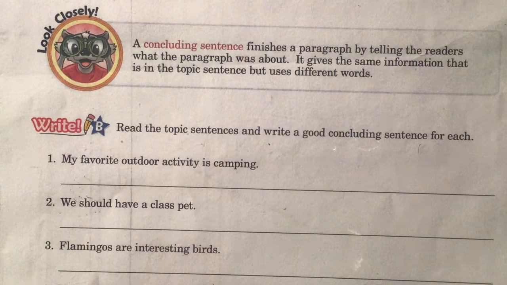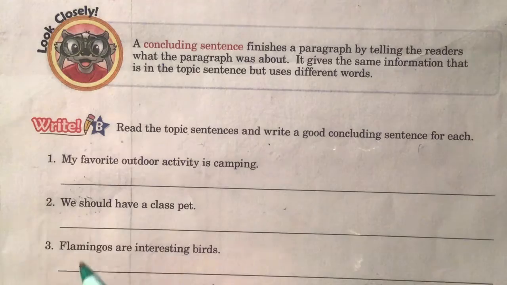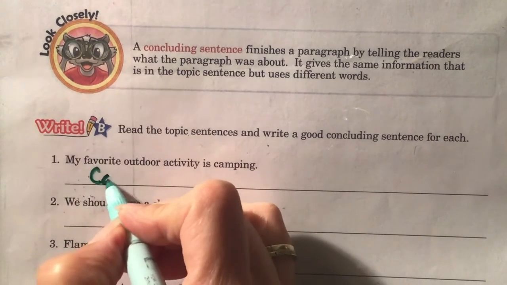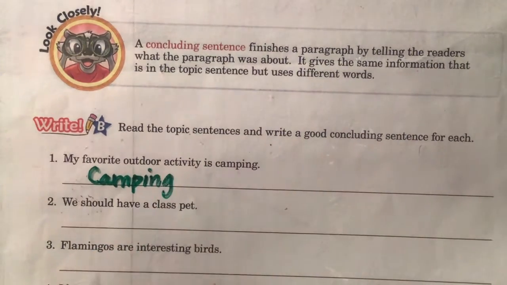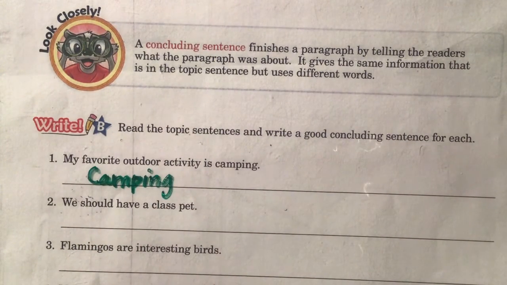So for number 1, it says, my favorite outdoor activity is camping. So let's start our concluding sentence with camping, and that'll mix it up a little bit. Well, what about camping? If it's your favorite, you think camping is great, right? It's a lot of fun.